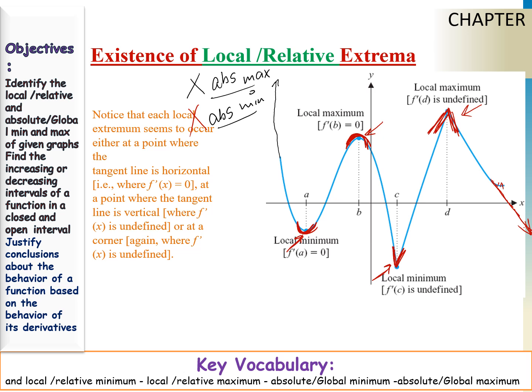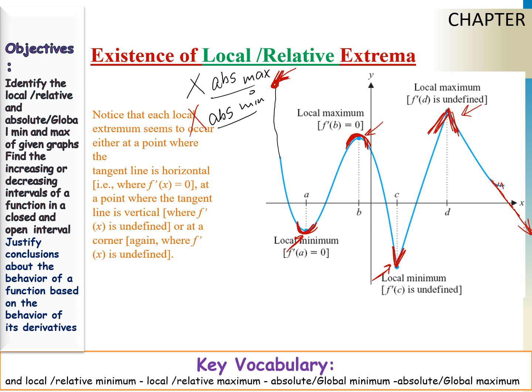Now, the local maximum and minimum cannot be at the end of the graph. If this is an included endpoint, you can't say this is a relative maximum. The relative maximum is always in the middle of the graph.